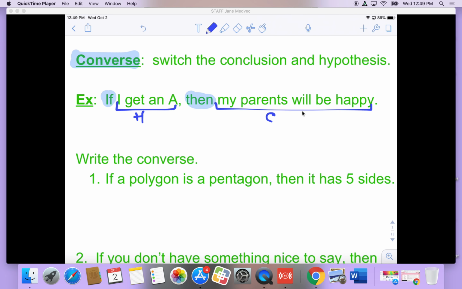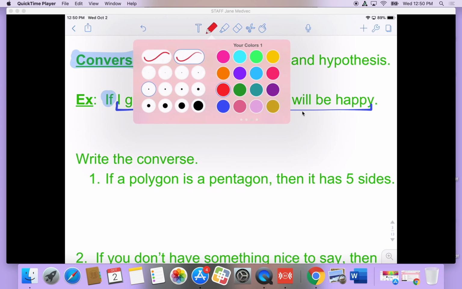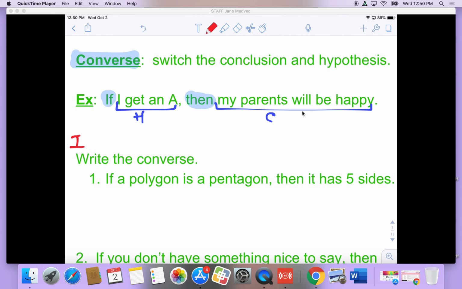So in a converse, what you're going to do is you're going to start out with if, and you're going to put the conclusion first. So if my parents are happy, then what?